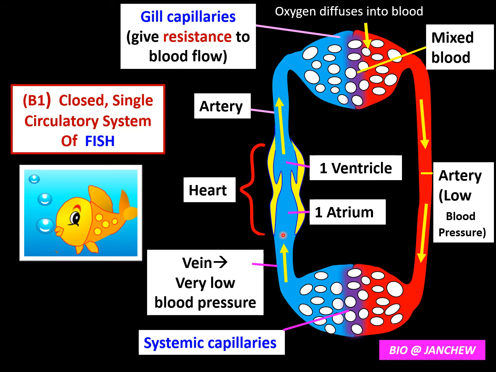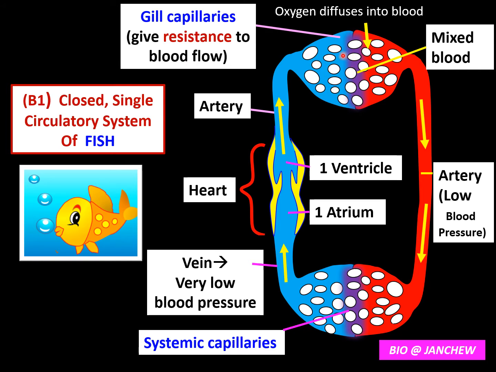Now, what is the weakness of this single system? The weakness is that the fish circulatory system has very low blood pressure. And why is that so? Because once the blood passes through the capillaries, like the gill capillaries, they give resistance to blood flow.